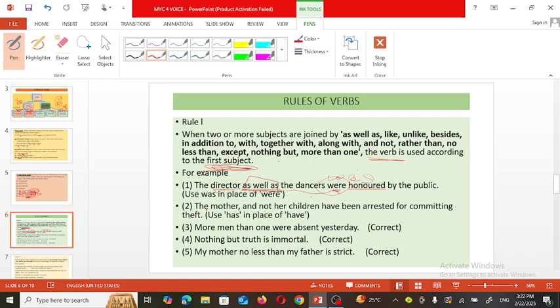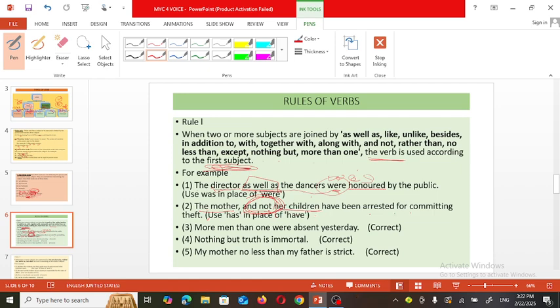See the second example. The mother and not her children have been arrested for committing theft. The mother and not: this conjunction is used to join these two subjects, mother and her children.